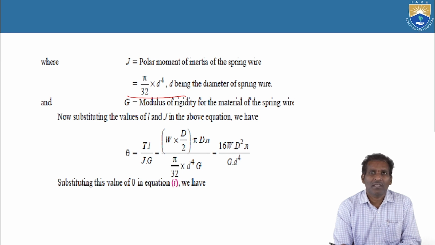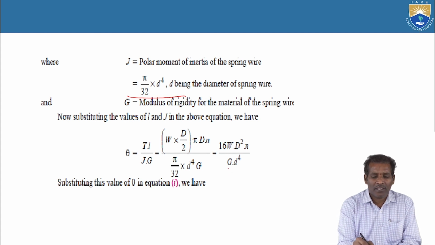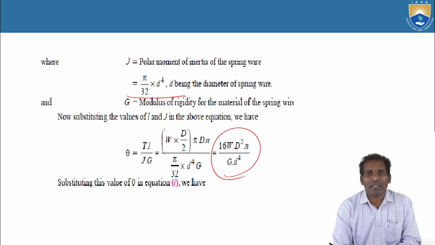Substituting all the values in the previous equation for theta, you will get 16 W D square n by G d to the power 4. Here W is the load, D is the coil diameter, n is the number of turns, G is the modulus of rigidity for the material of the spring wire, and small d is the diameter of the wire.